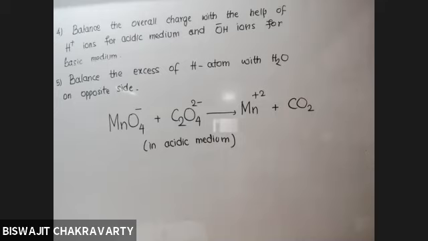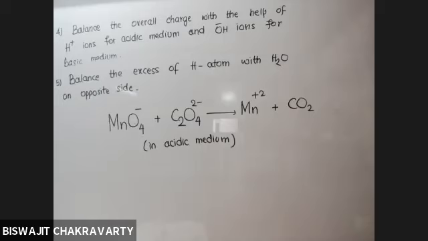What is the first step? Oxidation number of each and every one. Manganese, how much did you calculate? Sir, +7. Okay. So manganese +7, oxygen -2.